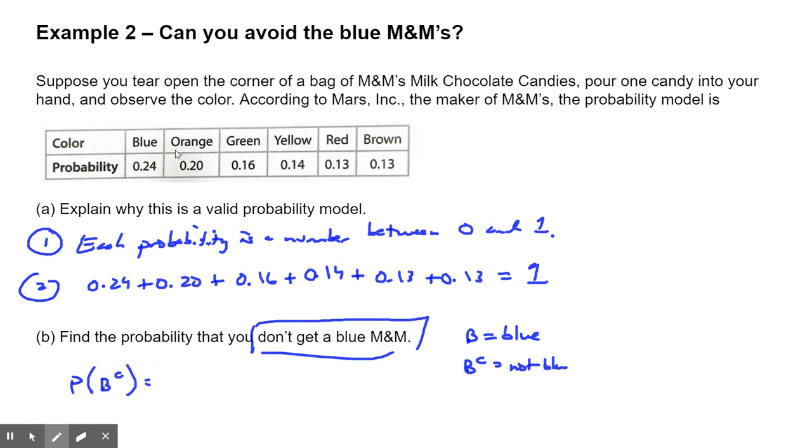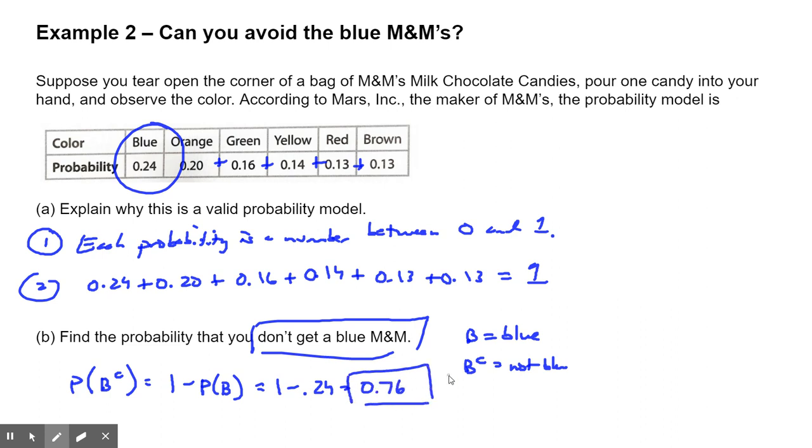Well, you could add up orange plus green plus yellow plus red. But why do that? You can also just take 1 minus the probability of getting a blue. And that probability of getting a blue is right here, 0.24. So there are 2 ways to do this. You can add up all the other probabilities, which is fine, or you can just take 1 minus the probability you don't want. And 1 minus 0.24 is 0.76.